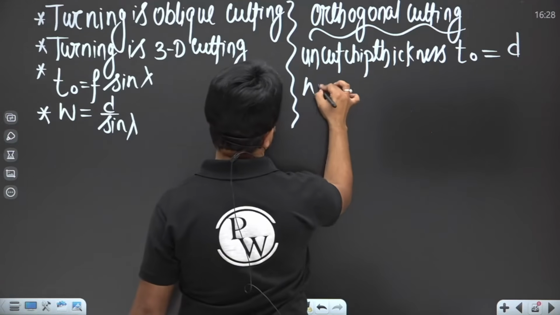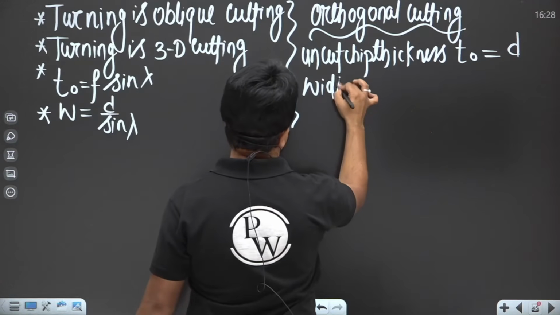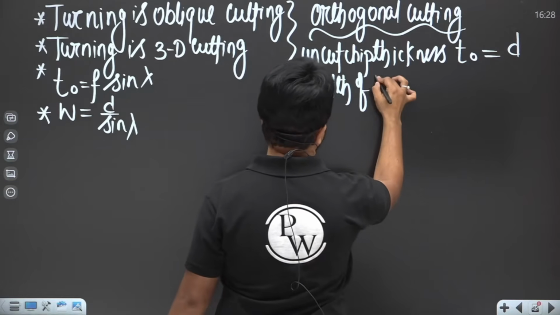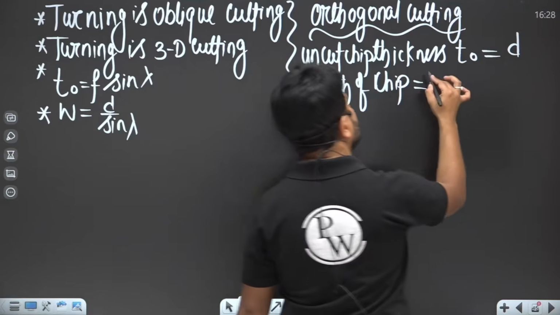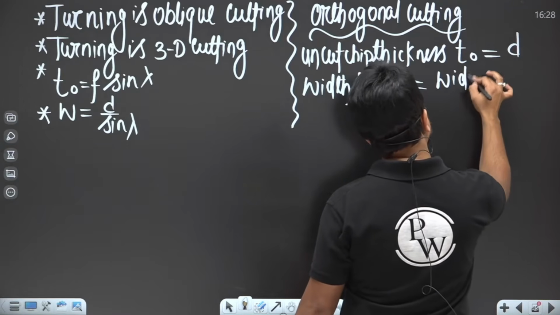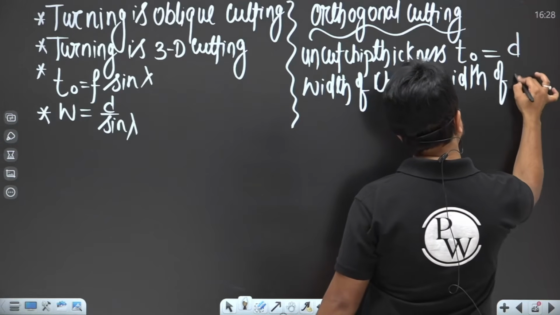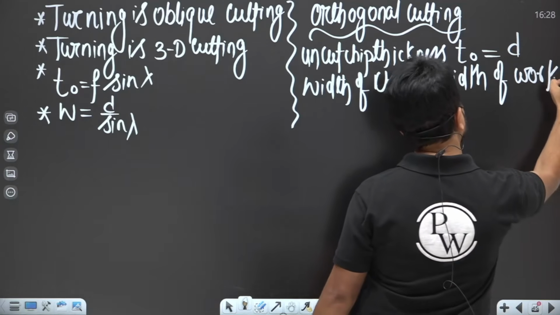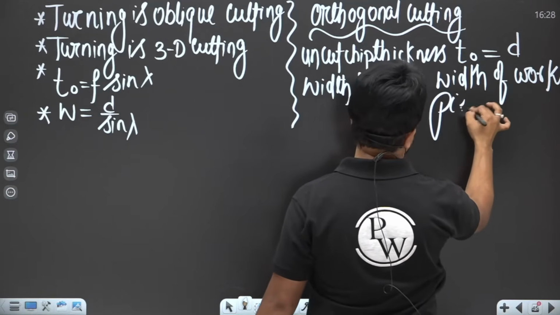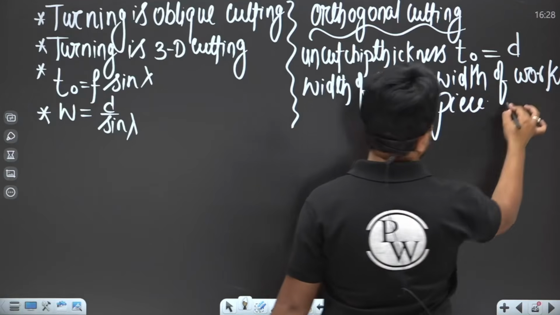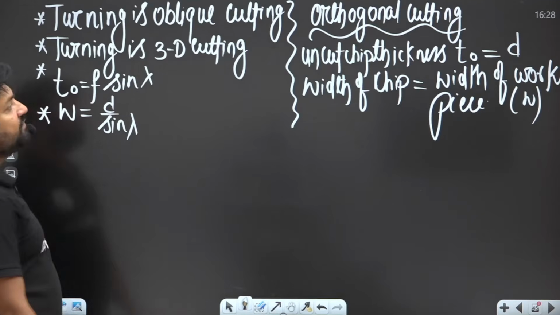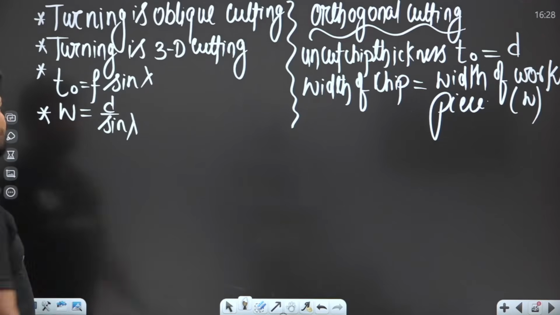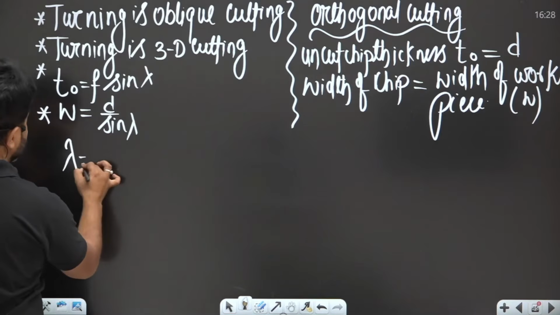The width of chip is basically the width of workpiece; whatever the width of workpiece is, that becomes the width of chip. So this is an important thing which you have to always remember. Here lambda is the approach angle.